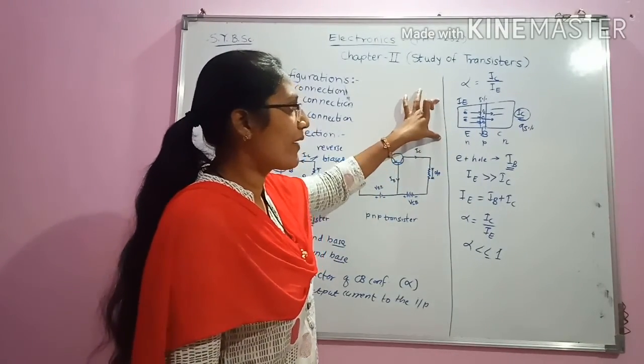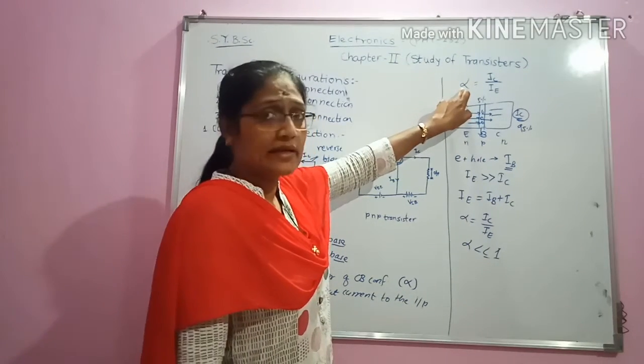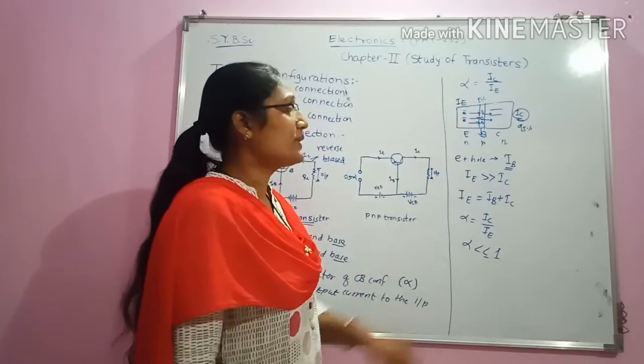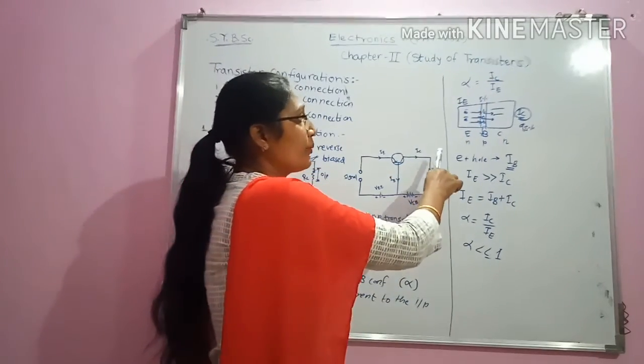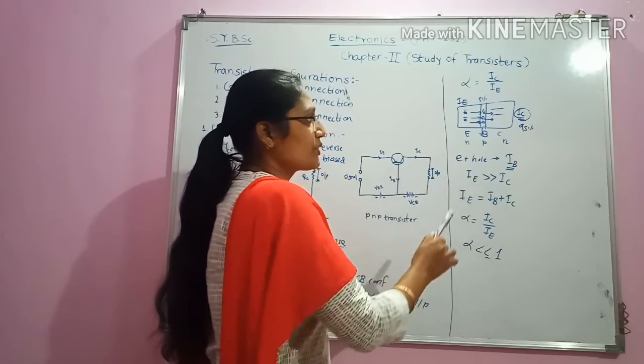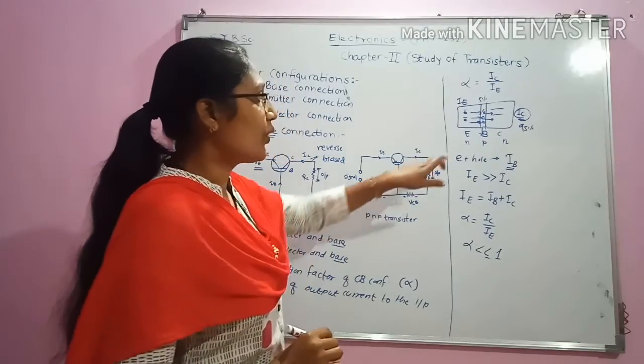Then just now I have explained the theory behind why alpha is less than or equal to 1 in case of common base, because in case of common base, if we forward bias this emitter base junction and reverse bias the base collector junction, then what will happen?